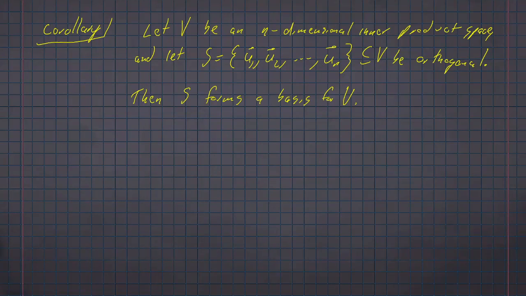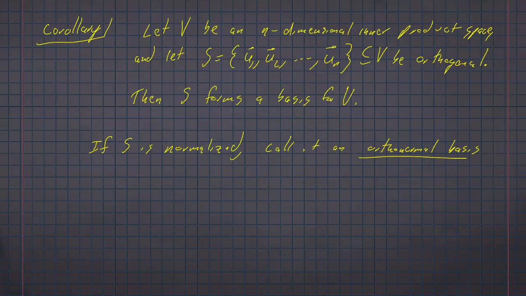With that, this set of vectors will form a basis for V. And as we talked about in the previous video, if you divide each of those vectors by their magnitude, you get not just an orthogonal set, but an orthonormal set. And so an orthonormal set which forms a basis for V is called an orthonormal basis.